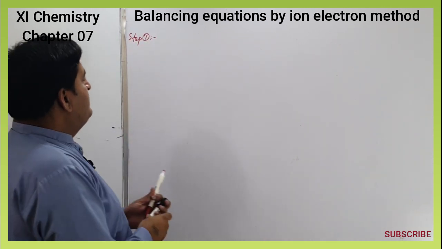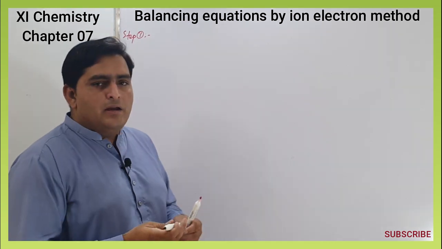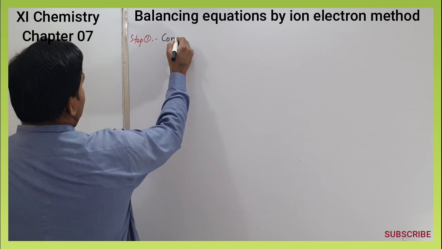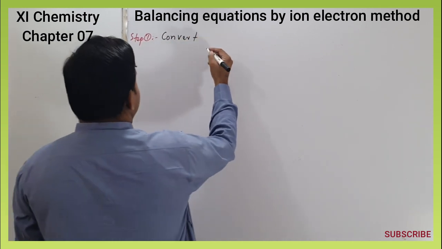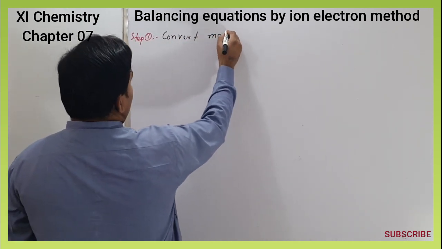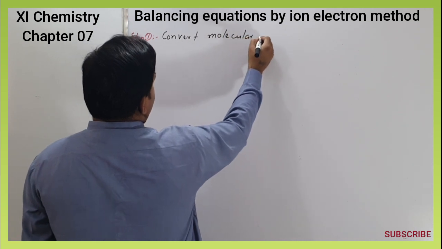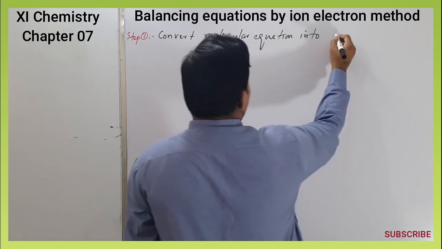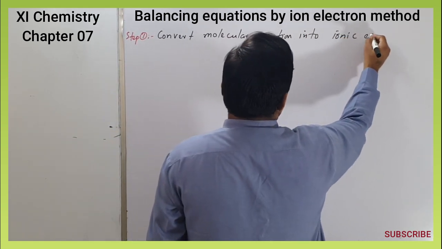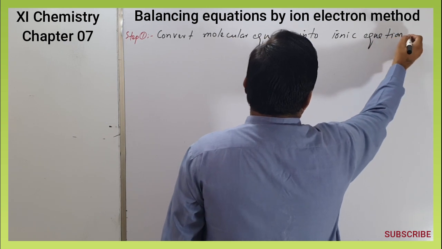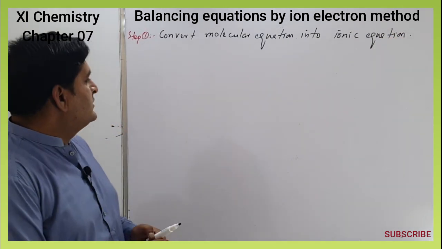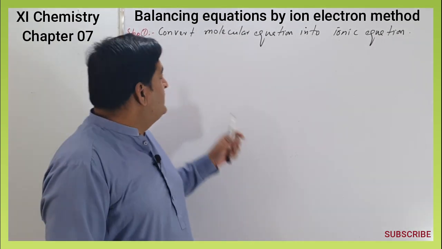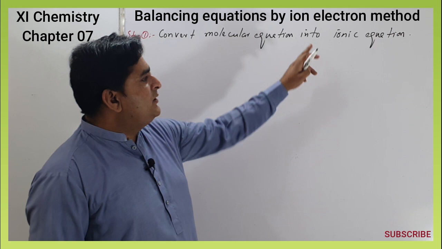Step number 1 of balancing equations by the ion electron method is to split or convert the molecular equation into the ionic equation. So the first step is to convert the molecular equation into the ionic equation.